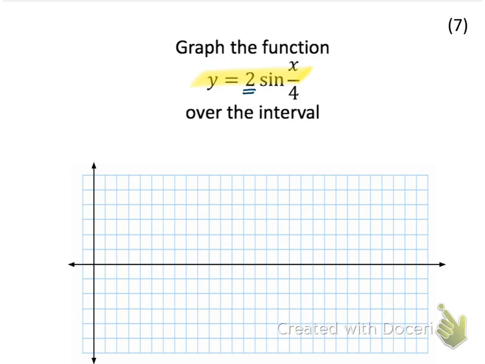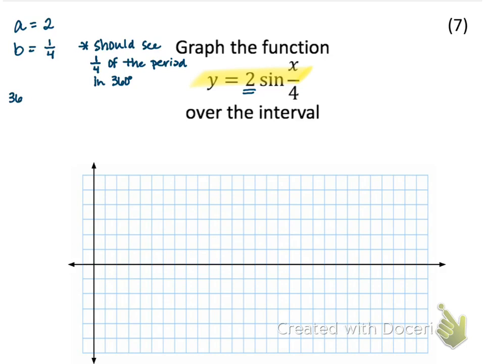Our a value is going to be 2, so we know our amplitude is going to be 2. Our b value in this case is actually going to be 1/4. So we have 1/4 times x over here. This means within 360 degrees, I should see 1/4 of the period. So now we can use our period formula to figure out how long one wavelength is actually going to be.